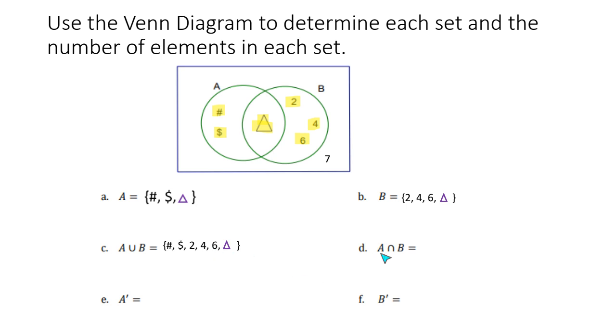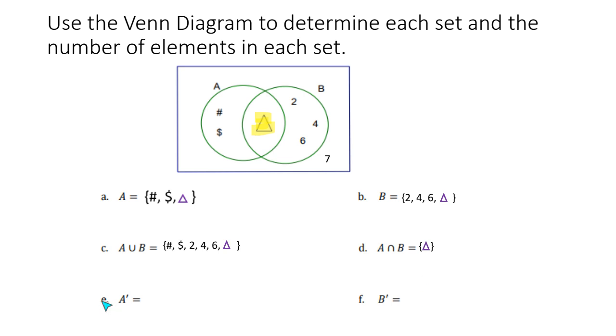Letter D, we have A intersected with B. Intersection means what they have in common, so you ask yourself what A and B have in common. That's where the two circles overlap, so our answer is just the triangle.